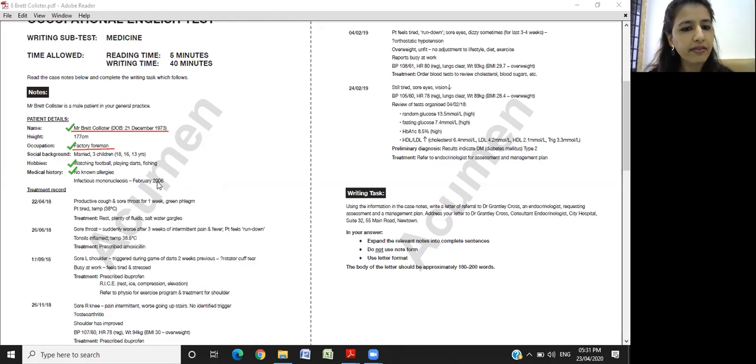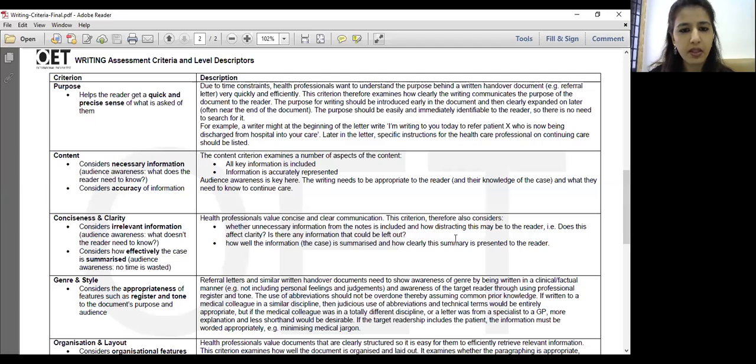This is not going to have a major impact on what we are trying to ask from the target reader. Again, I would clarify this. Look at the evaluation criteria, how they are designed. In your ability to consider necessary information, what is being tested is you should be able to select all key information and the information is accurately represented.